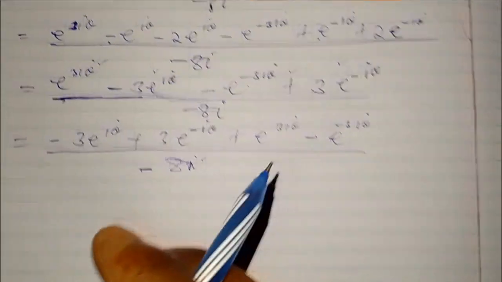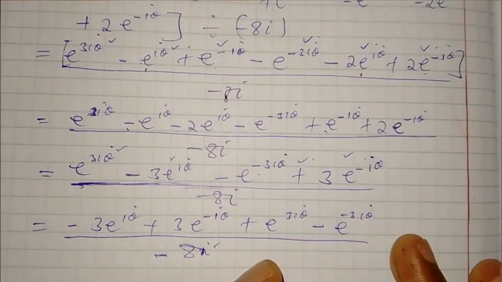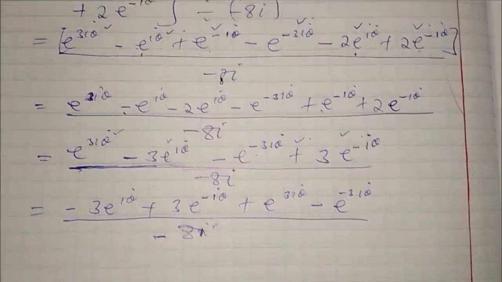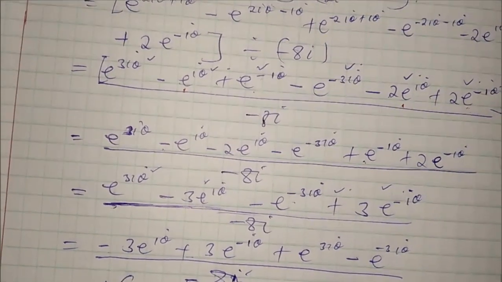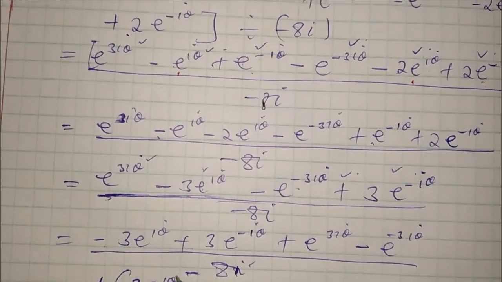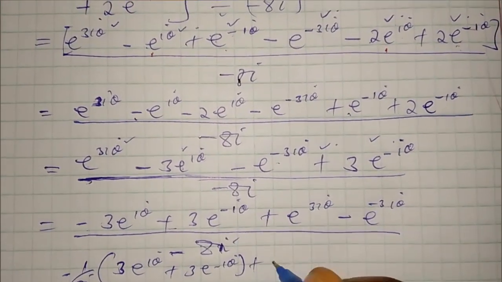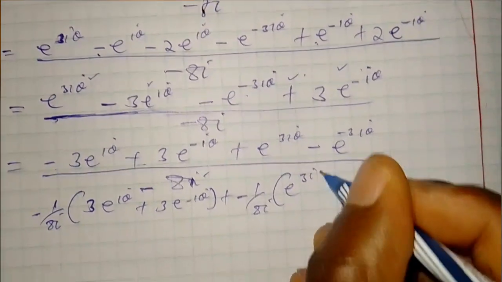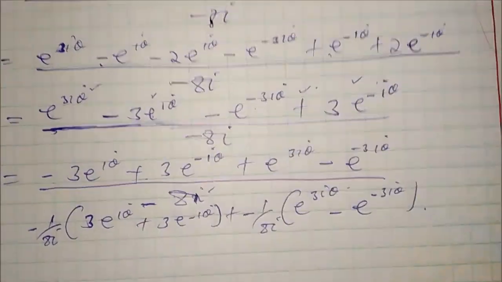so at this point we can separate the two, this part and this part. This way, that 1 over negative 8i into 3 e iθ plus 3 e negative iθ, plus 1 over 8i into e 3iθ minus e negative 3iθ.